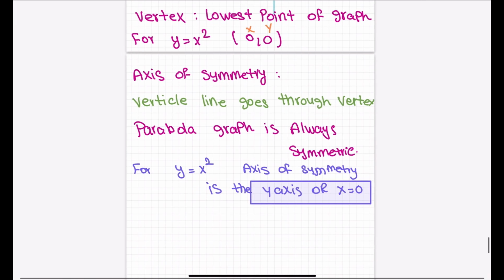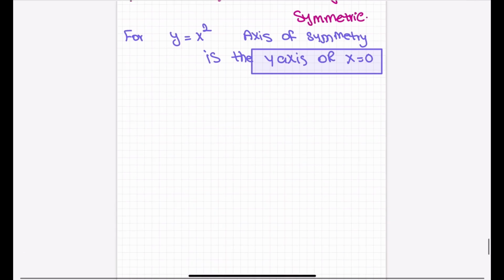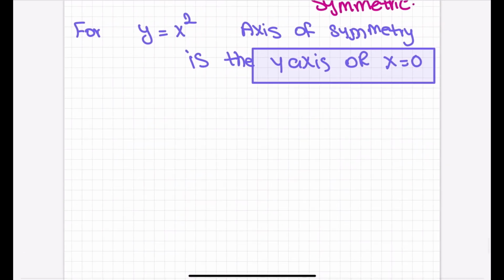So this is the very most basic quadratic. Let's go to the second type. In the second type, we have y equals ax squared. As I mentioned earlier, x squared is in all of the quadratic equations.